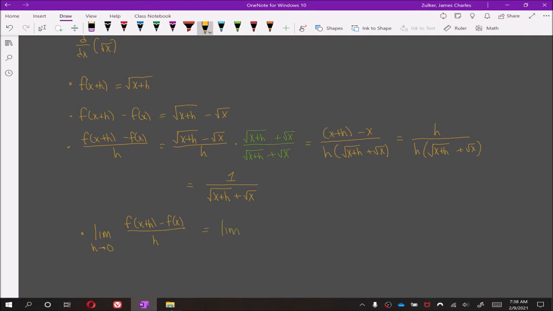So this is going to wind up being the limit as h goes to 0 of 1 over this sum, 1 over root x plus root x. So this is 1 over 2 root x. And this here is our derivative. So the derivative of square root of x is 1 over 2 root x.